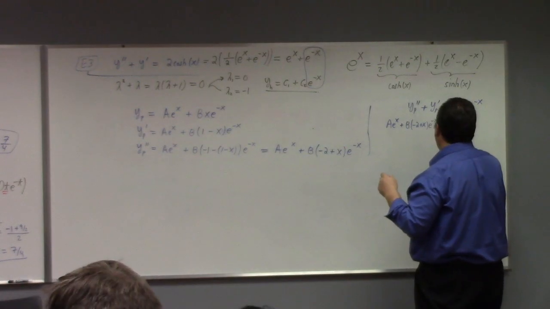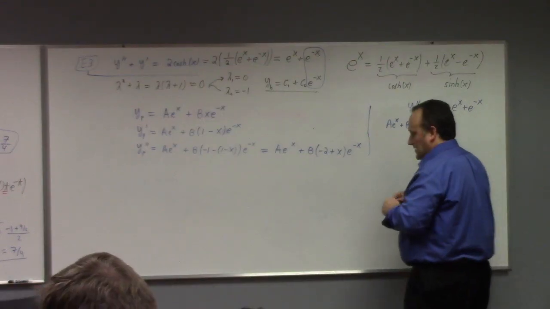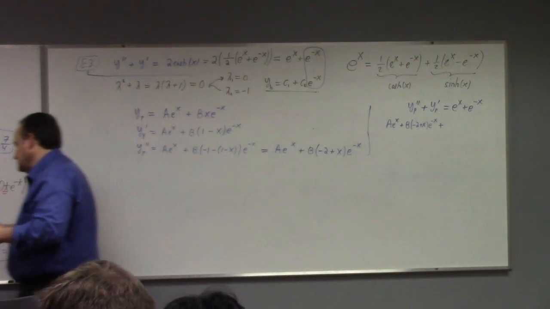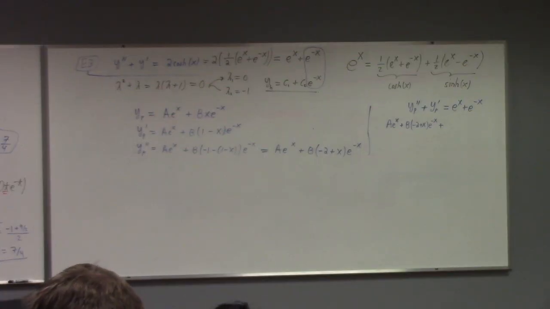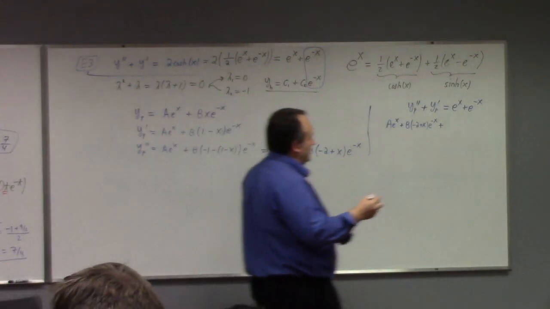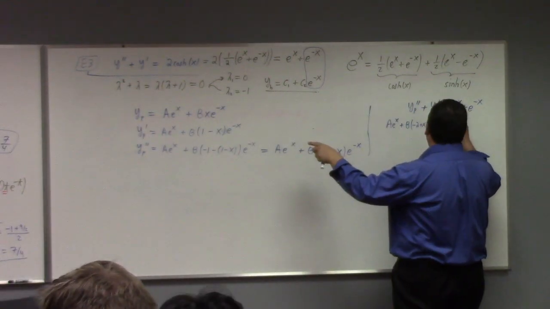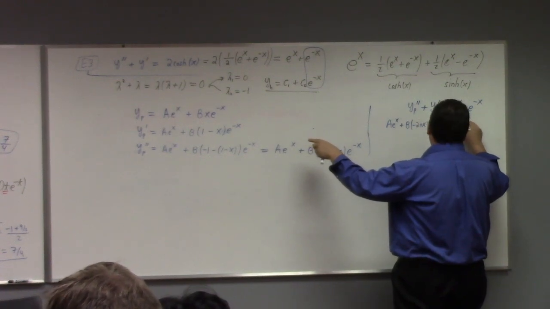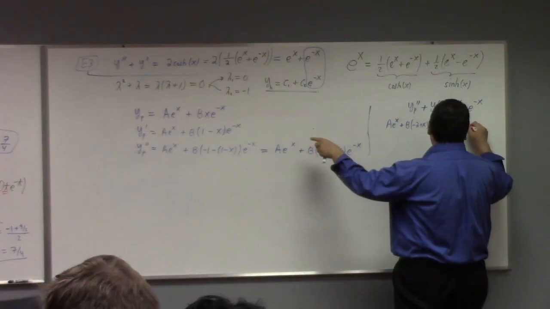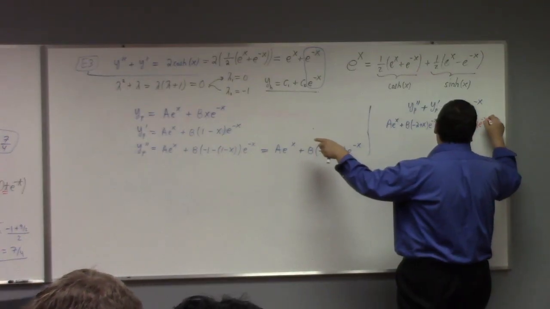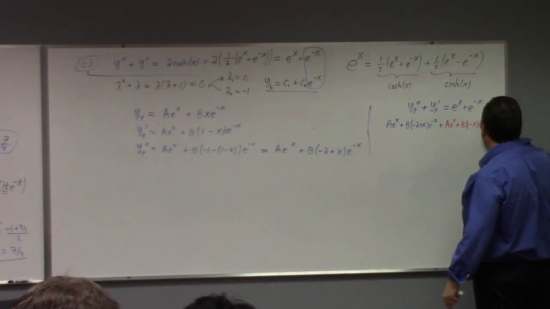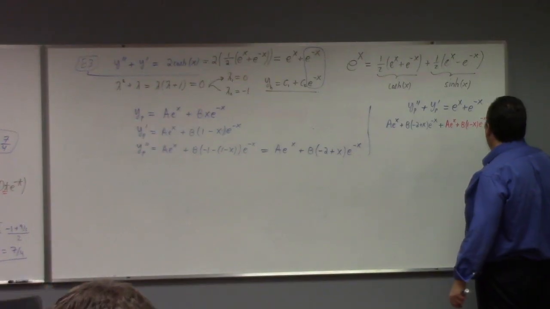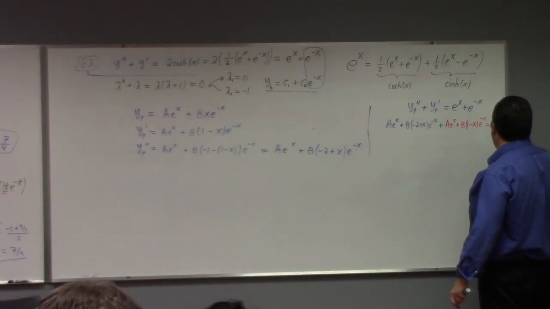And then yp prime is plus, we write it in a different color, a e to the x plus b times (1 minus x) e to the minus x, right? And that's all equal to e to the x plus e to the minus x, right?